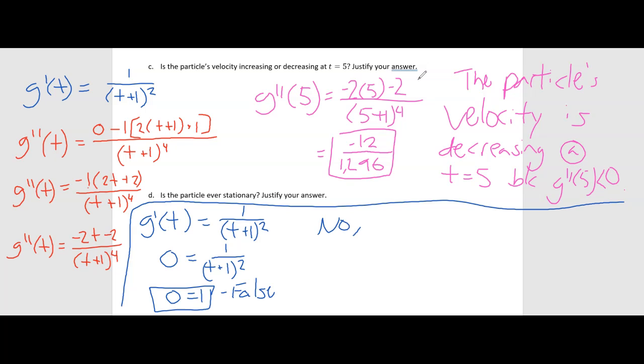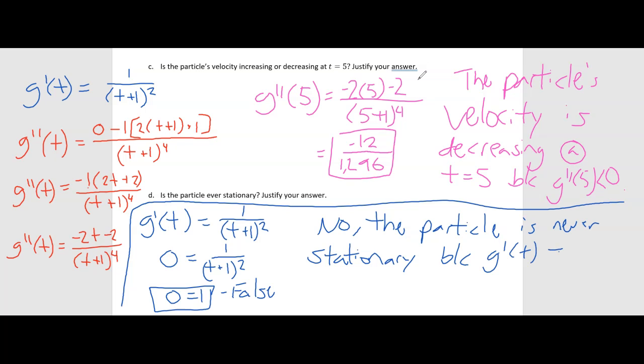So we can say no. The particle is never stationary because g prime of t does not equal 0. And that would be an acceptable justification.